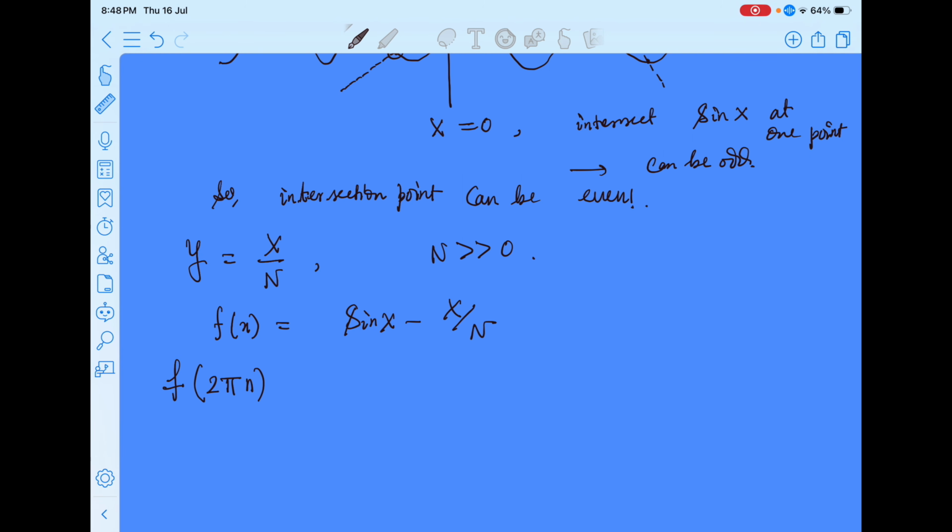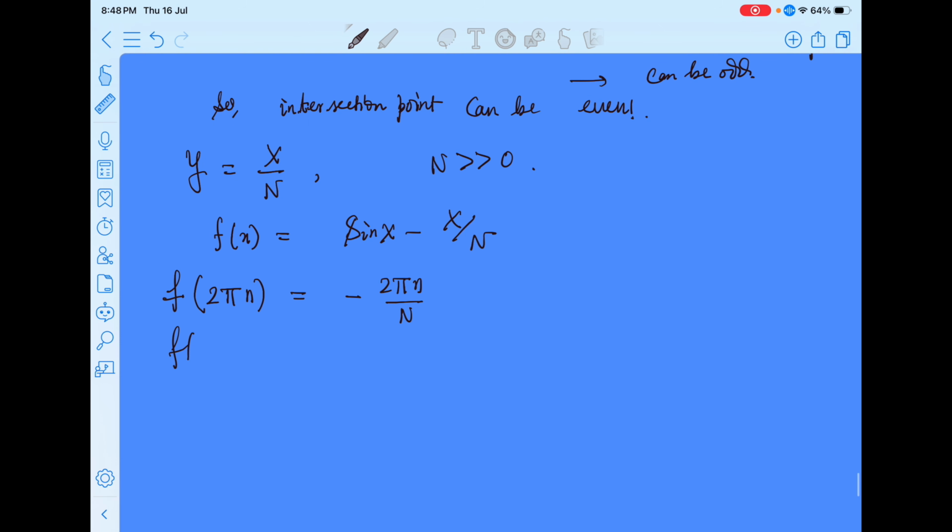Then f of 2 pi n is sin 2 pi n, which is 0, minus 2 pi n divided by n, which is negative. And f of 2 pi n plus pi by 2 is sin of 2 pi n plus pi by 2, which is 1, minus 2 pi n plus pi by 2 divided by n, which is positive, right?